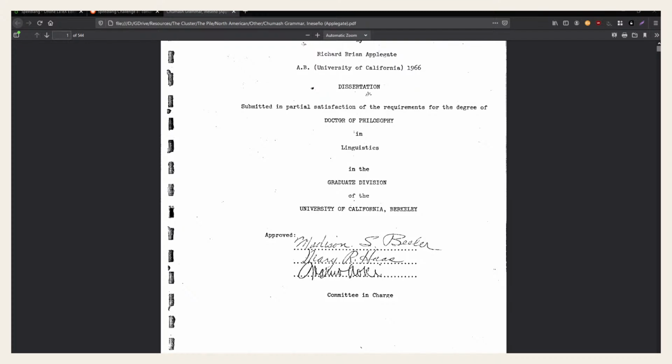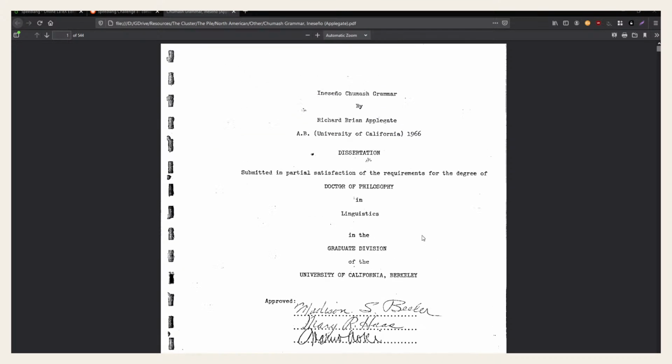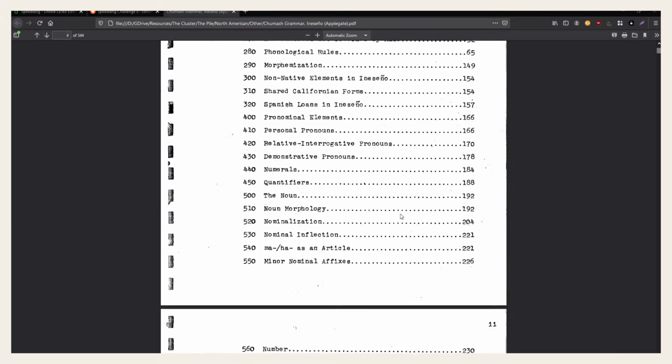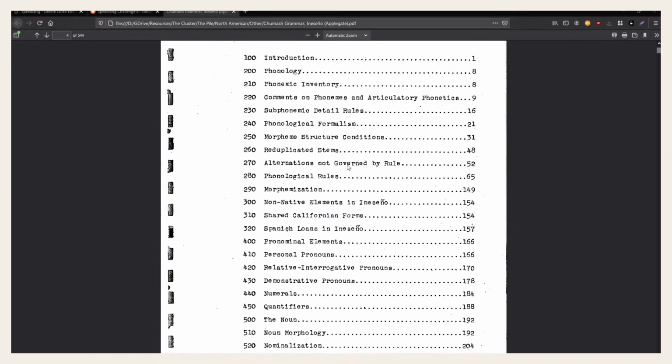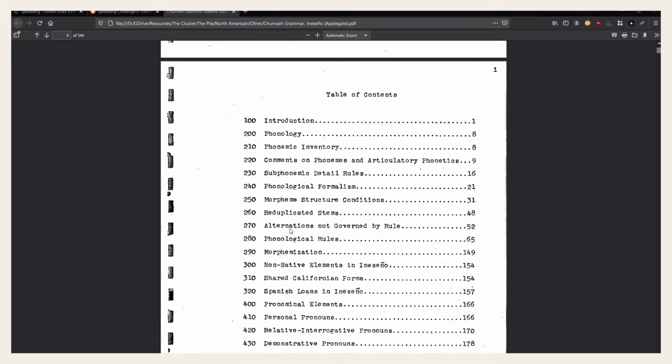Though it's a bit old. And oh yeah, it's 500 pages. Fine. I'm not reading the entire phonology section because it's 110 pages. Oh no, it's... okay, yeah.